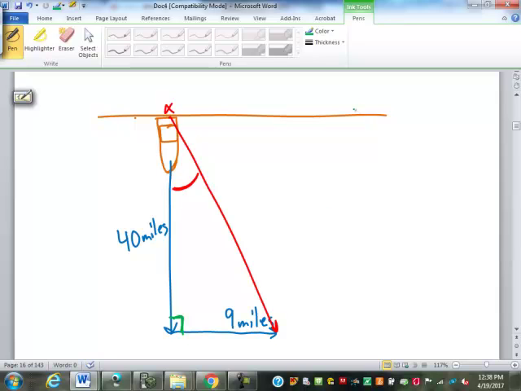If we have two sides and we're looking for a third side, what do we use? Pythagorean theorem. And I'm going to use a shortcut. This side is going to be the square root of 40 squared plus 9 squared. Those are both legs, so we're adding them together. Ends up being 41.